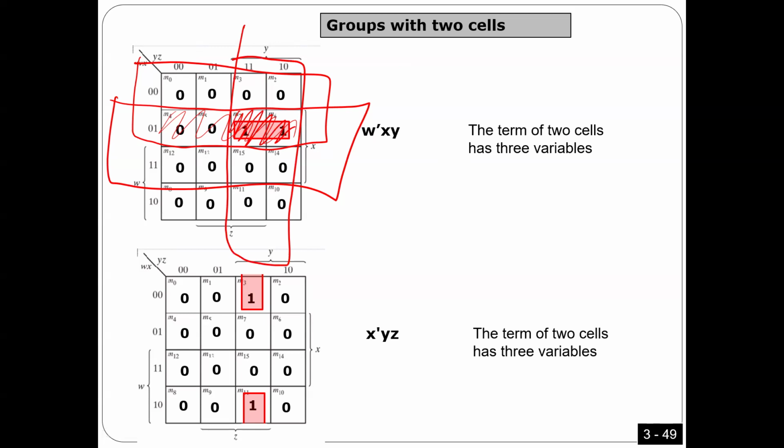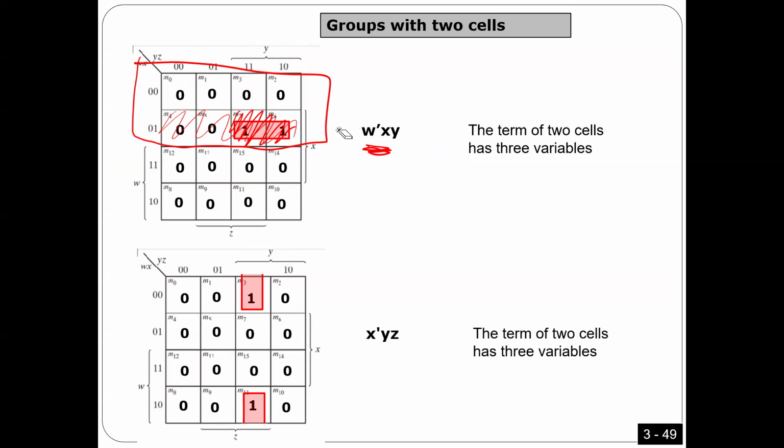So again, this is something you can check after you get the term, when you want to make sure whether it's correct or not. Whether your group is 2 or 1 or 4 or 8, it's still applicable. If your group is the intersection of these areas, then you are correct.